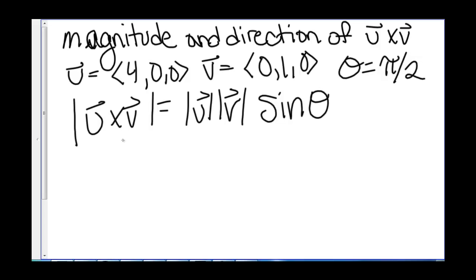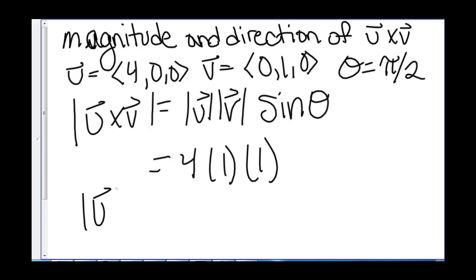The length of u is simply 4, the length of v is 1, and the sine of pi over 2 is 1. So the length of u cross v is equal to 4.